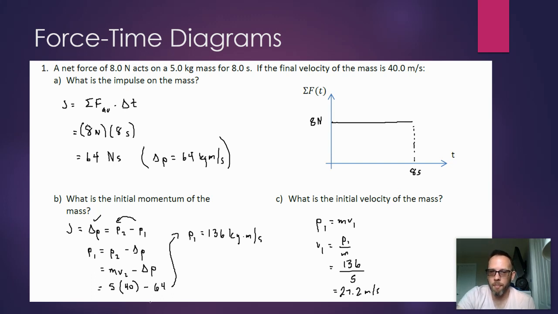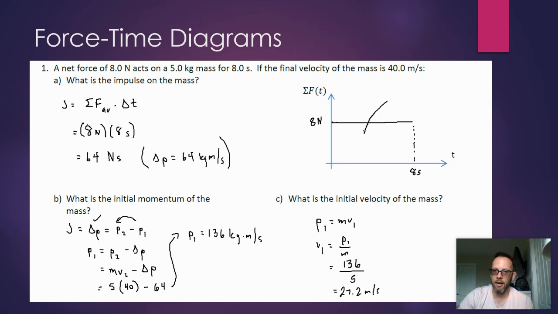But my intent with this example is twofold. Not only is this just to do something different, and here we worked backwards and found an initial velocity, it is to show you a connection between the area underneath a force time graph and a change of momentum. This is just a rectangle because it was a constant force.